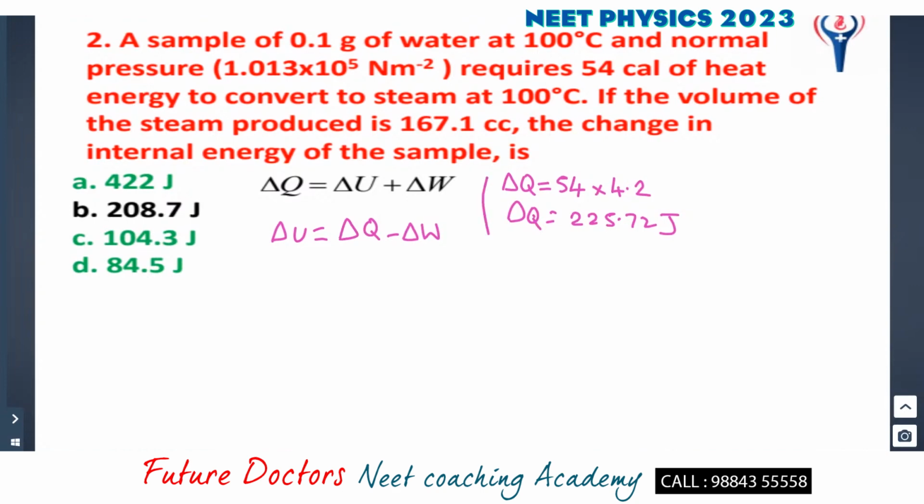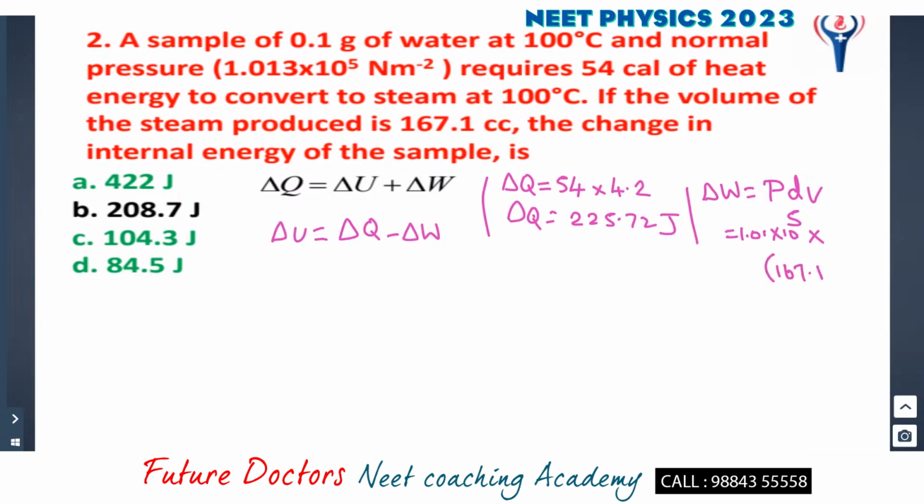And similarly ΔW. Same formula as previous. P into ΔV. P is given 1.013 into 10⁵. What is the value of V? V is 167.1 cc minus, what is the volume?